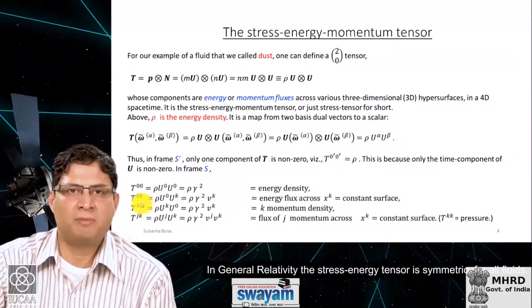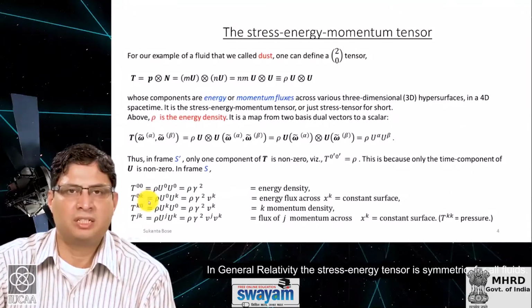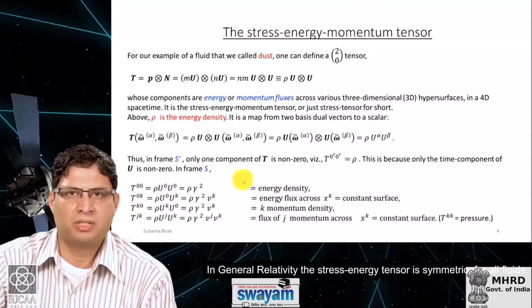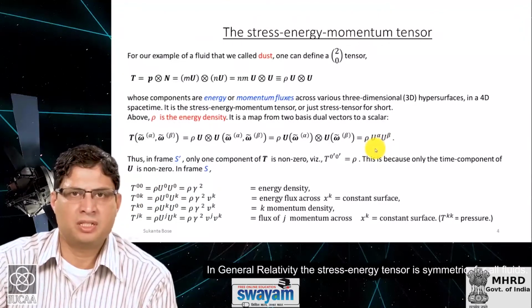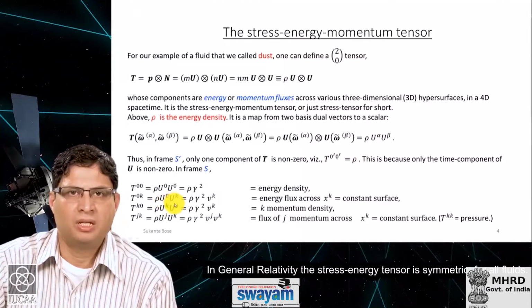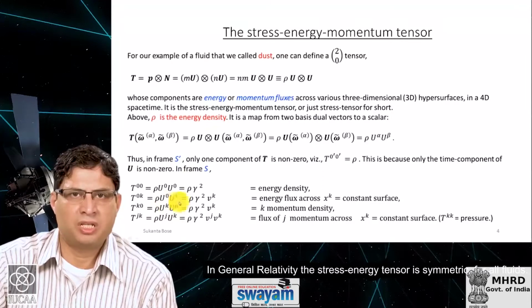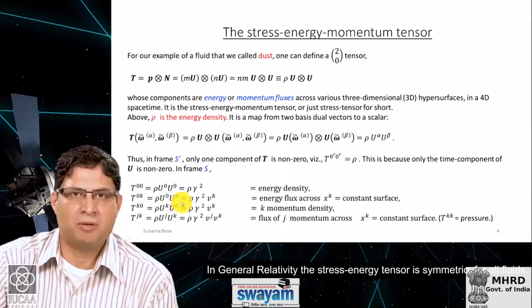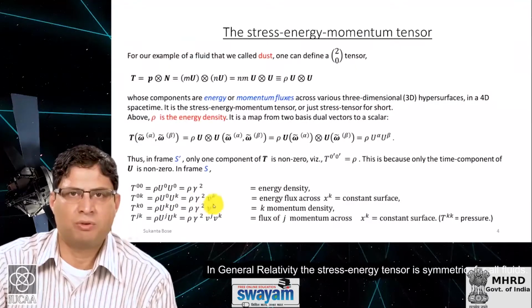component will be the time space component. Here k's and j's are spatial components. So, T0k, going back to this manifest expression for the dust tensor, is just rho times u0 times uk. U0 is gamma, as we saw before, and uk is just gamma times Vk. So, together you have rho times gamma squared times Vk.